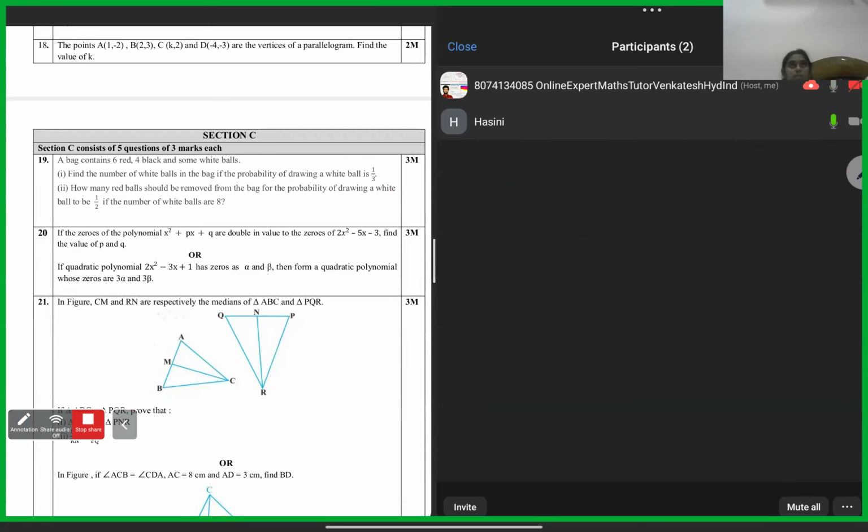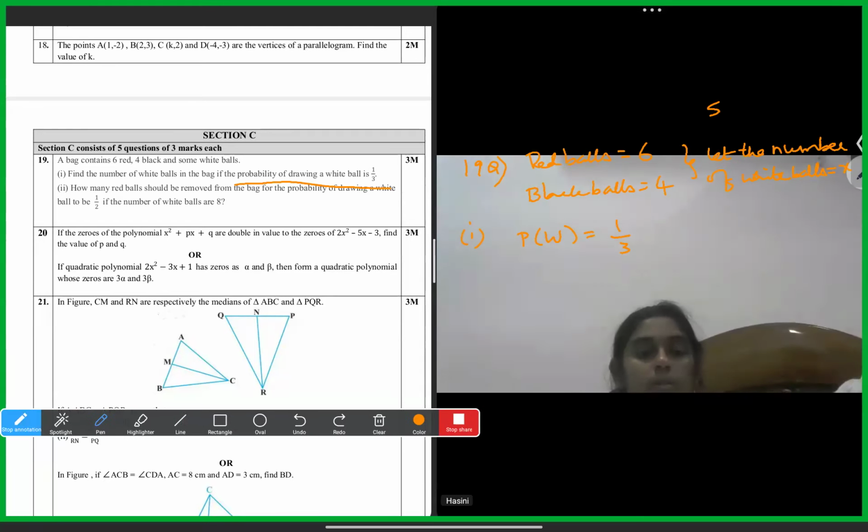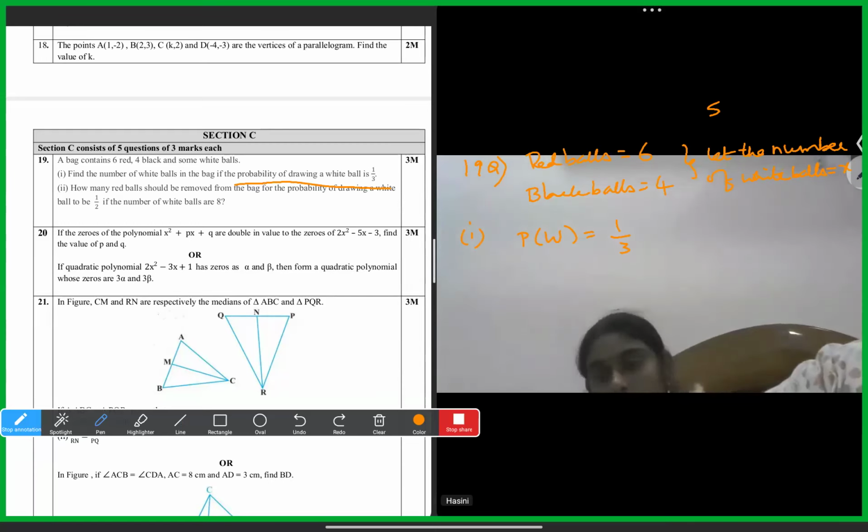No, Hasni, that one I'm framing on my own. Suppose white balls 5 are there, red balls 6 are there, black balls 4 are there. In that bag, if you are picking a ball, what is the probability of getting a white ball?